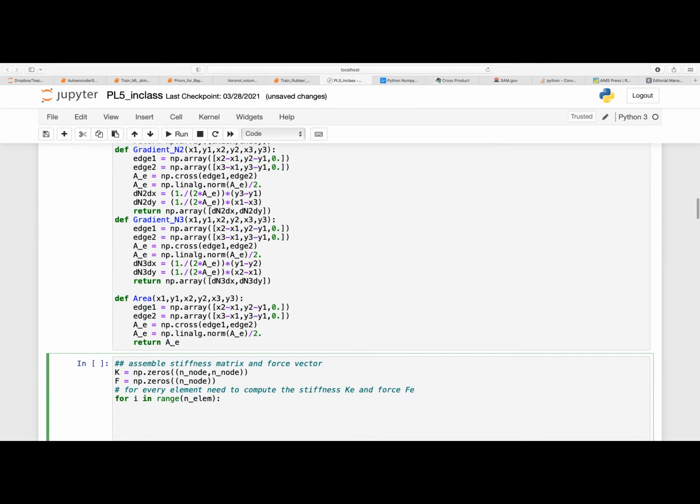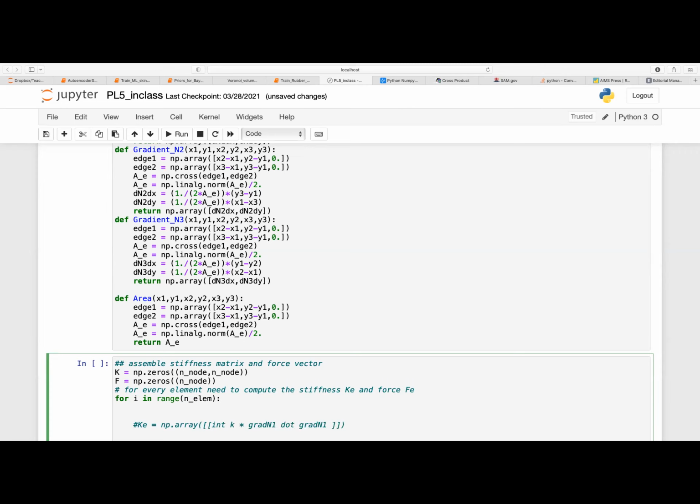At the end of the day, what we will compute is Ke, and Ke is a matrix that has the integral of, I'll comment it here. Right, so this is the integral of gradient 1 dotted with gradient 1 times K. That's the first entry.